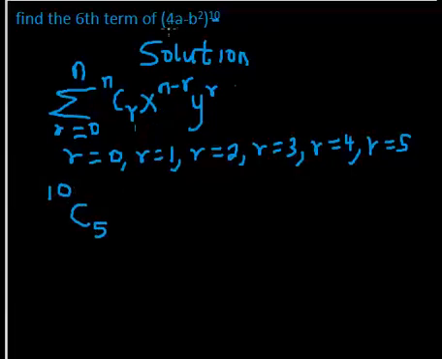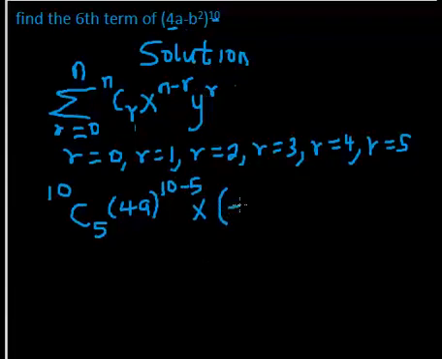Please take note, what represents x there is 4a, so I put it in brackets, (4a), raised to the power of n minus r, that is 10 minus 5. Then what represents y is b squared. Don't forget that you have to include the minus, so minus b squared.